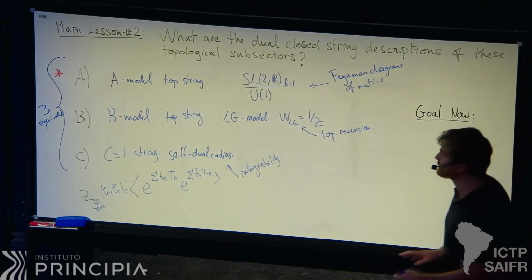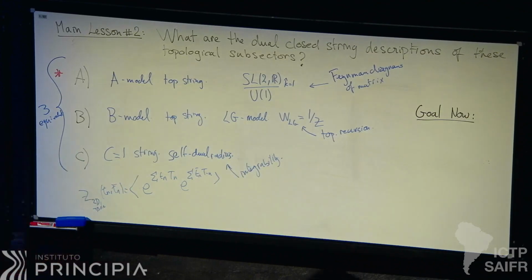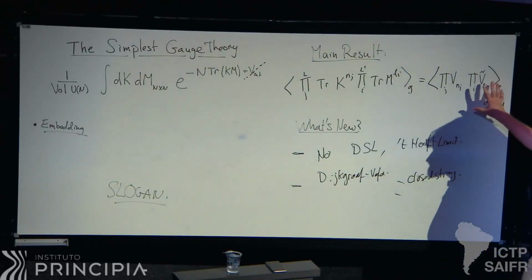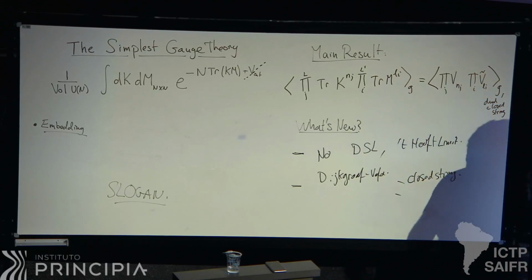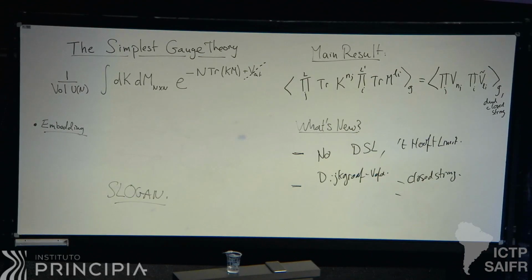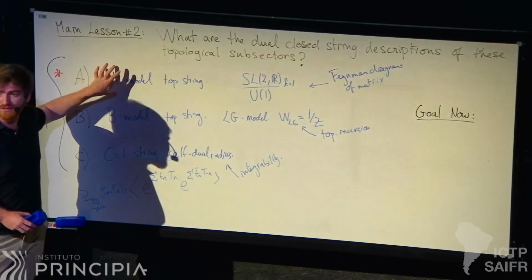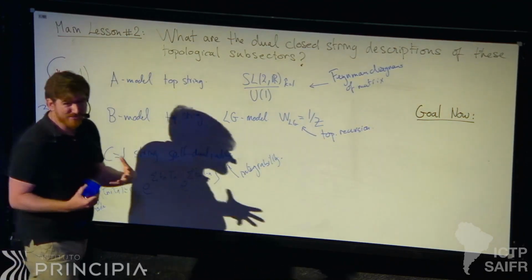Okay, very good. So what I want to do now is go back to these correlators and try to understand this correspondence. Why is it that these correlation functions are being captured by vertex operators in this dual closed string? The dual closed string that we're going to focus on is this Witten model.